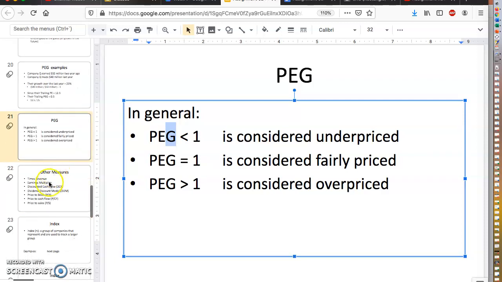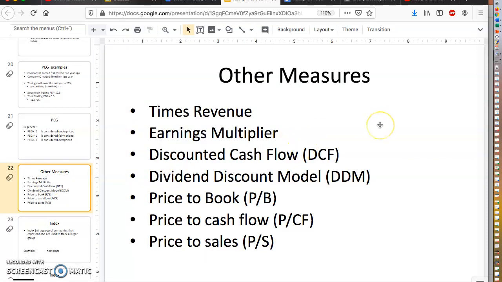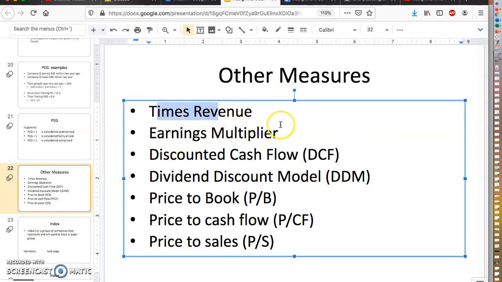Okay, and so these are just two very common ones that are used. There are lots of different measures on whether or not it is a good or bad time to buy shares in a particular company. Here's a bunch of different ones: times revenue, earnings multiplier, discounted cash flow, dividend discount model, price to book, price to cash flow, price to sales.